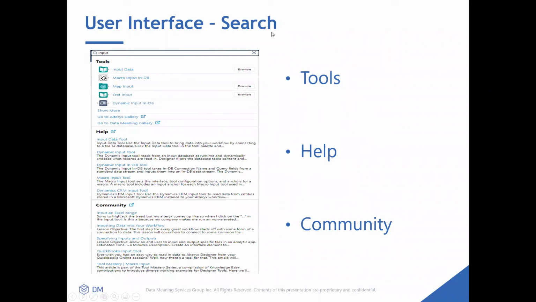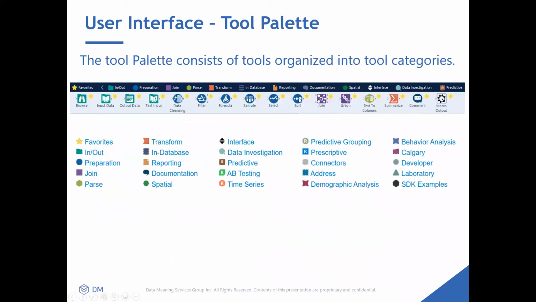All right, the search window has three sections that we're going to look at: the tools, the help area, and the community. I'll go into a little more detail in a minute. And we were also talking about the tool palette. One thing to notice here is that there are a lot of tools in Alteryx Designer, so they organize them in different tabs.